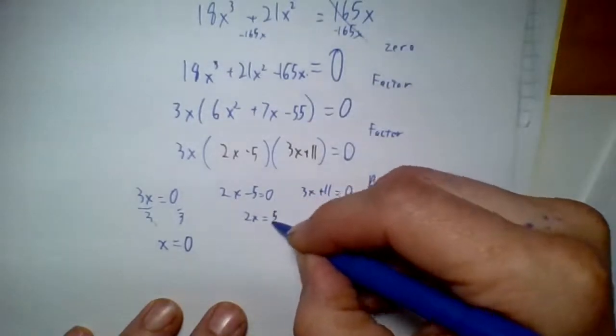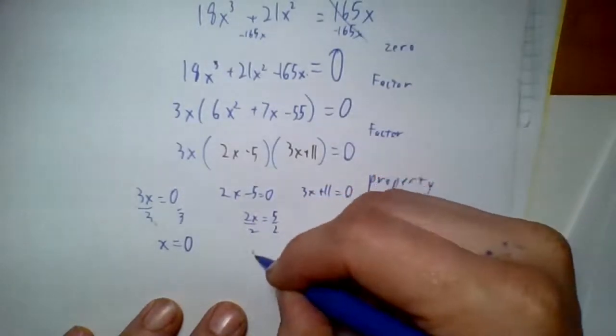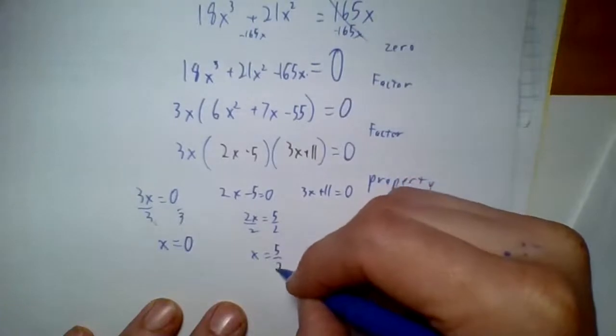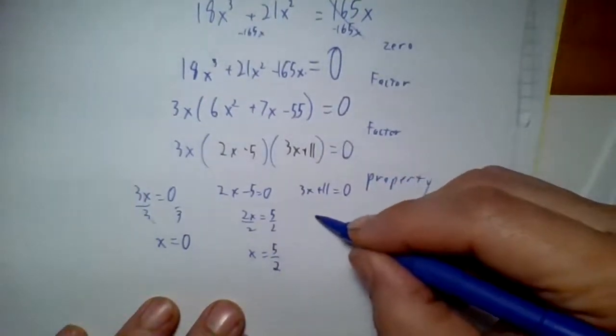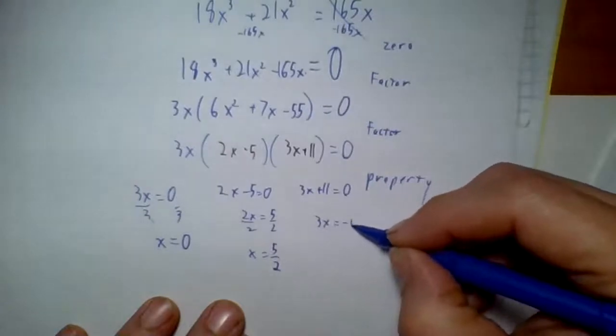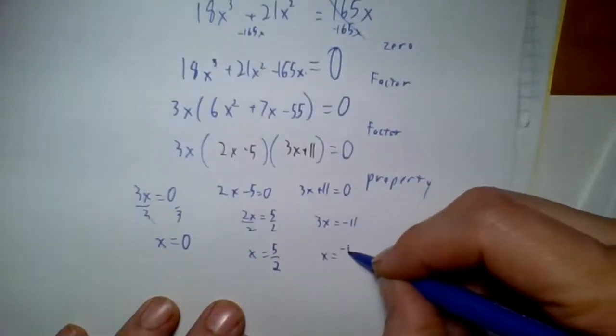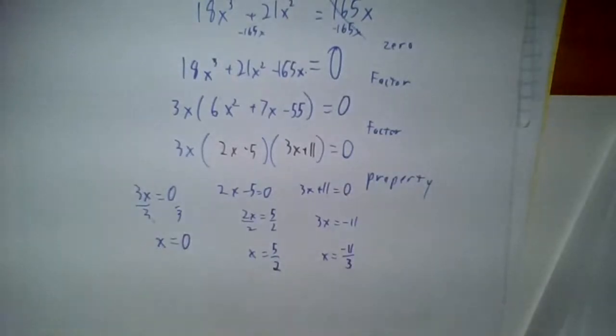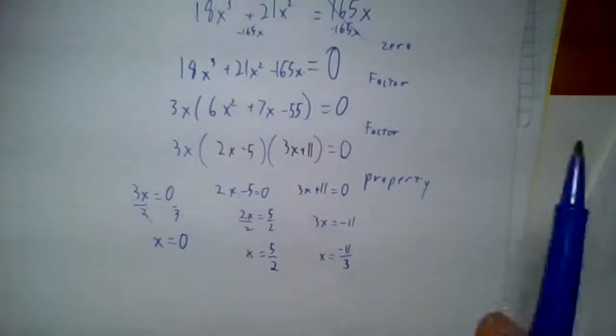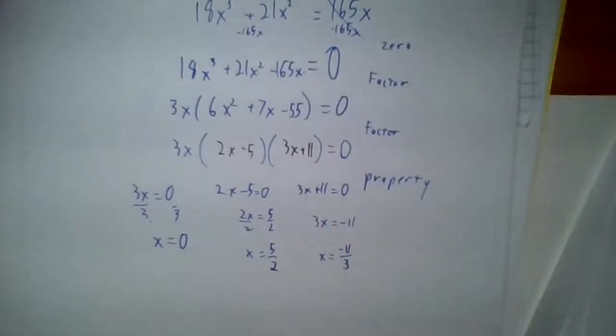Or x equals 5 over 2 makes that factor equal to 0. Or 3x equals negative 11, so x equals negative 11 over 3. All of those are solutions to this one. If you plug in any of those, you're getting a 0 factor. You're going to get a 0 for the entire thing. So they're solutions to that equation.